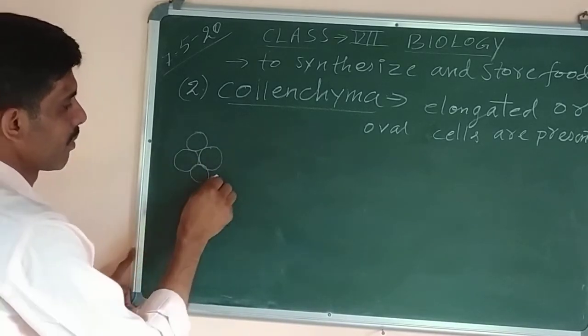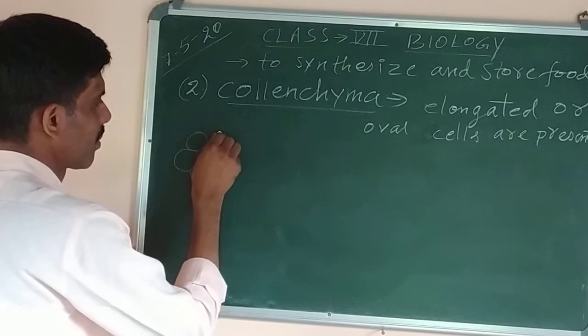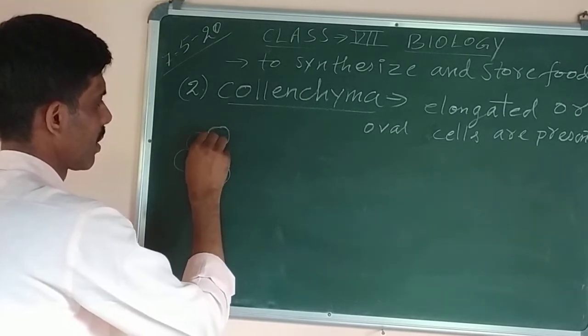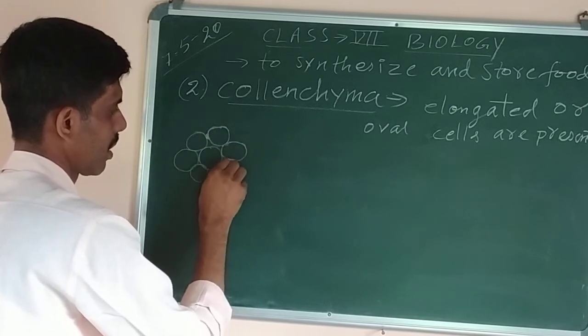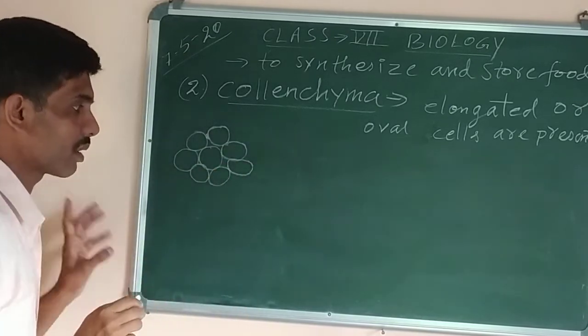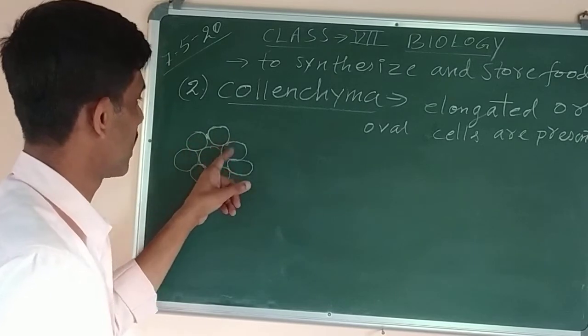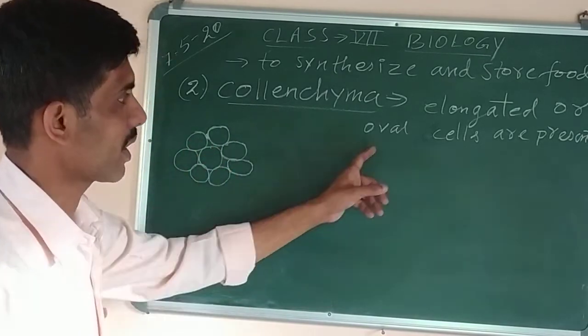Elongated or oval. Now see, these all are the parenchyma cells. What type of cells are they?